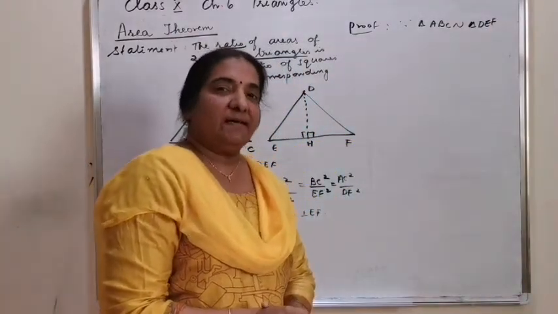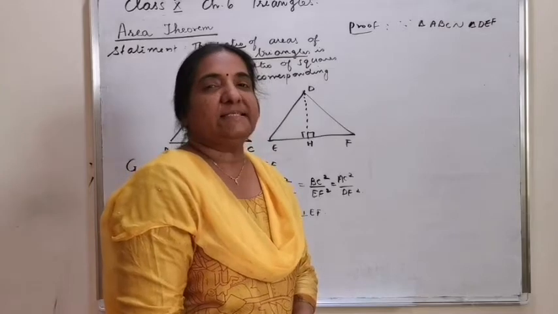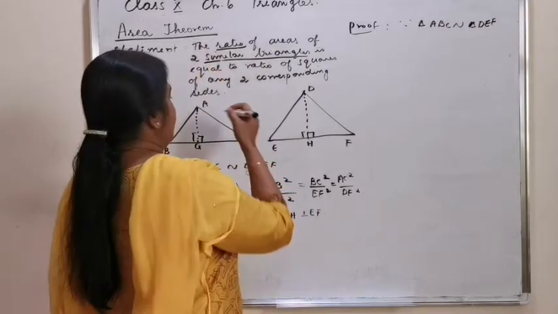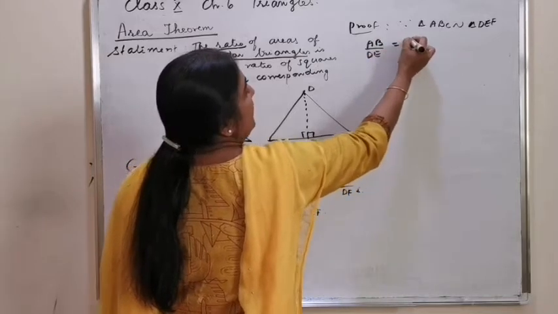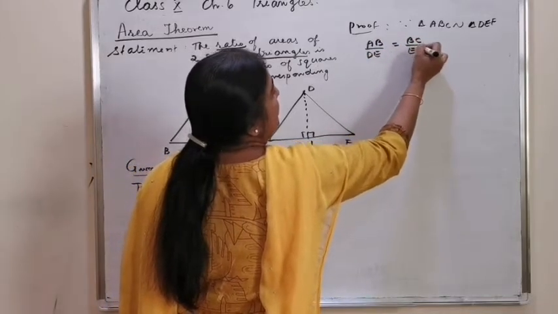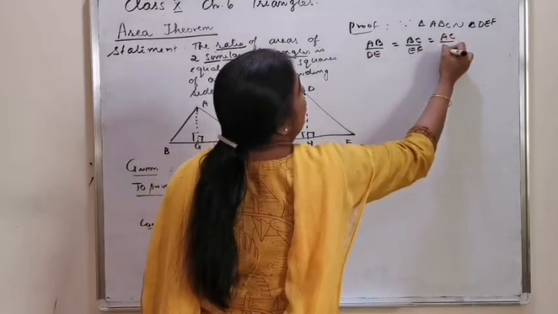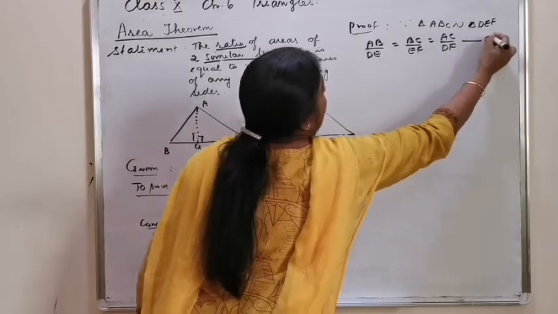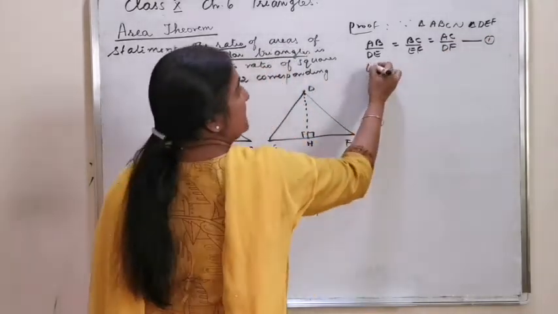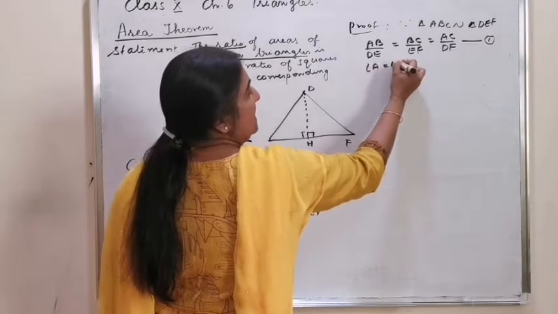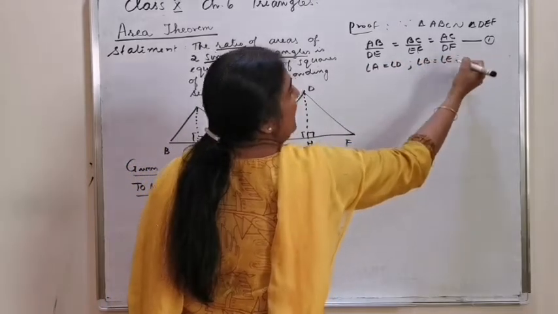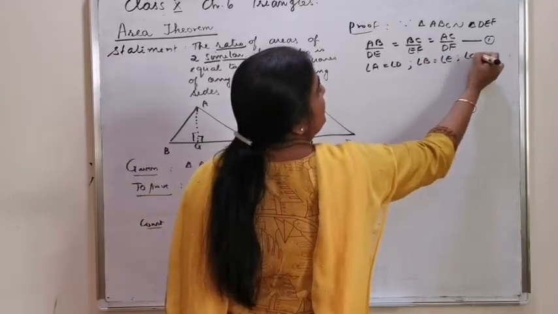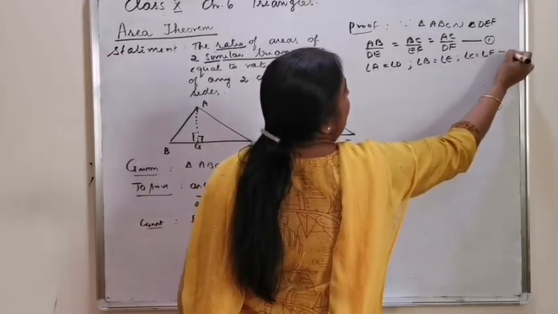The conditions are angles are equal and the sides are proportional. AB by DE is the same as BC by EF is equal to AC by DF, equation number 1, and the corresponding angles, angle A equal to angle D, angle B equal to angle E, and angle C equal to angle F.